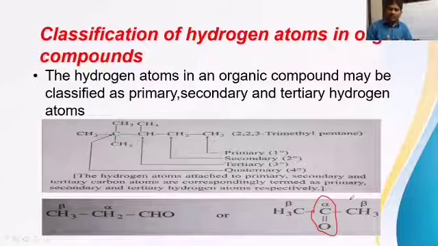So we can classify the hydrogen atoms also as alpha hydrogens, beta hydrogens, gamma hydrogens, delta hydrogens, and so on. In this case, the C=O carbon itself is alpha carbon, and here it is beta carbon. It is also beta carbon. How many beta hydrogens are available? 3 beta hydrogens on the beta carbon, and 2 alpha hydrogens on the alpha carbon atom.